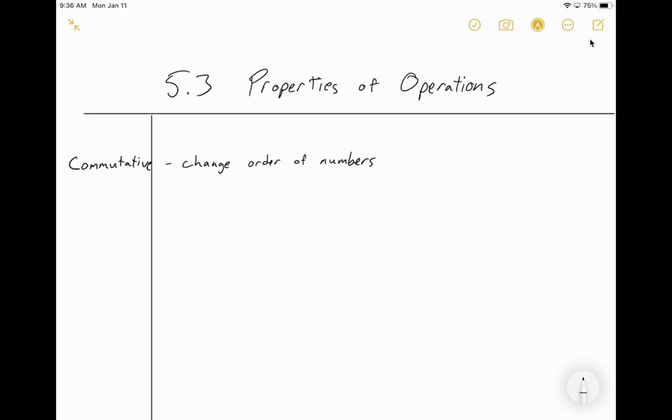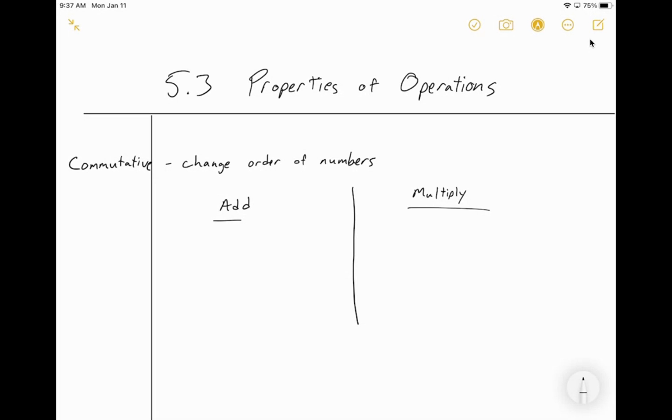Now, all these properties we're going to share today are only dealing with adding and multiplication. Okay, so let's look at what this looks like in addition, and then let's look at what it looks like in multiplication. So for addition, when you use the commutative property, what that means is you can add in any order, as long as it's all adding.